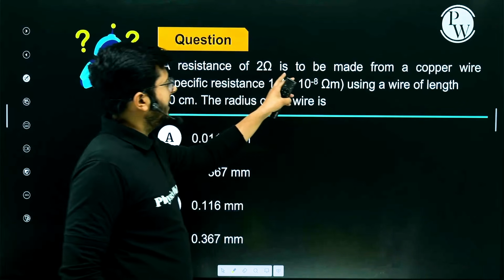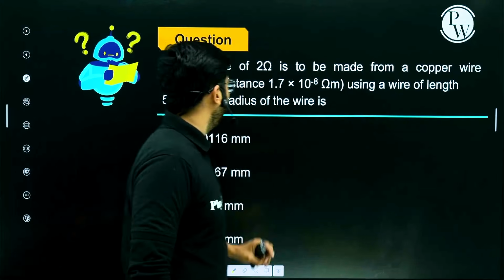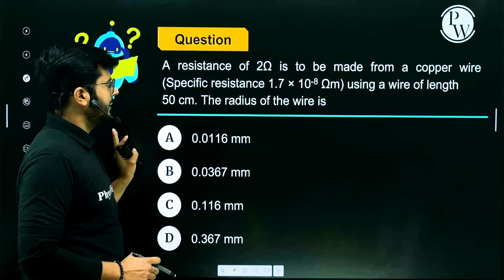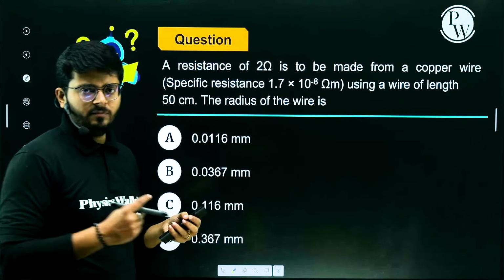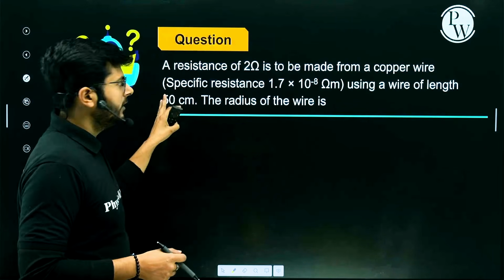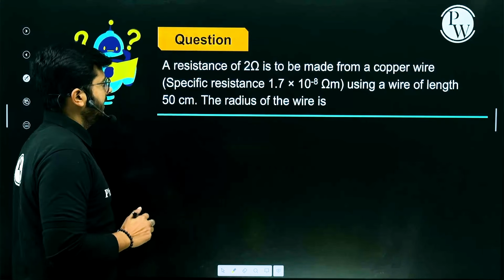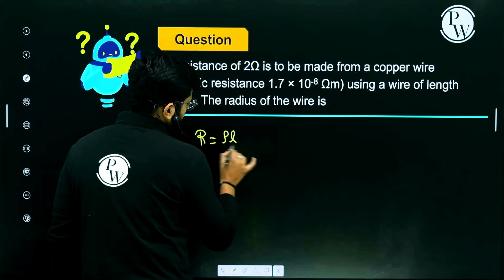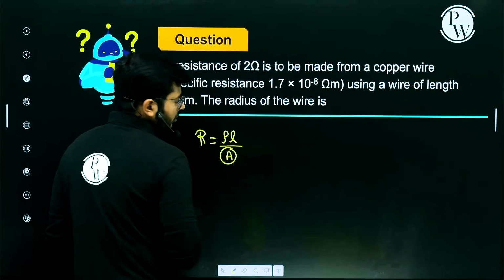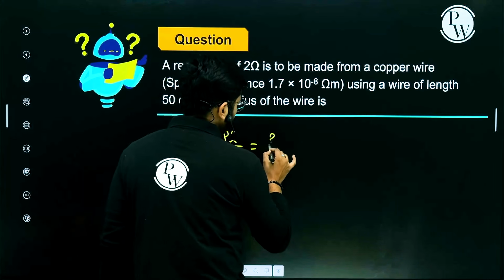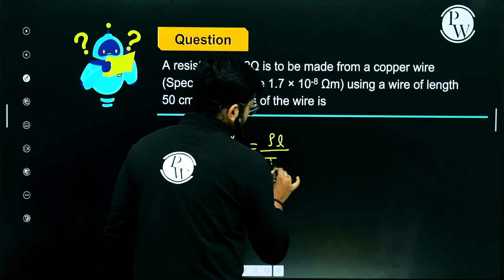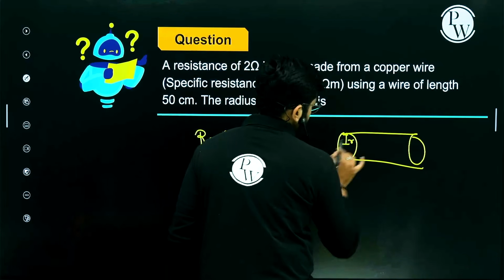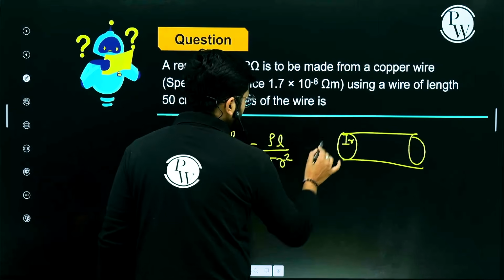The resistance of the wire, 2 ohm, is to be made from a copper wire with a specific resistance this much. Using a wire length of 50 centimeter, what should be the radius of the wire? So you have to design a wire that can give you the required resistance. You know that R equals rho L upon A, where A is the cross-sectional area. Let's say the radius of the wire is small r. So pi r square will be the area.